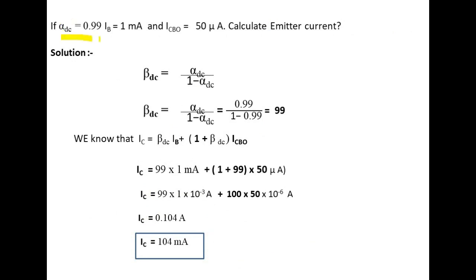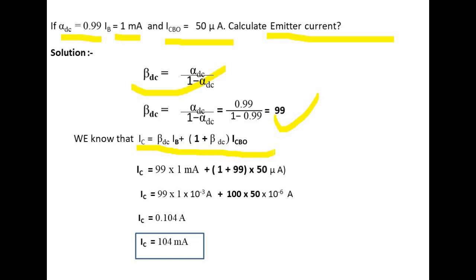Here alpha DC is given as 0.99, base current is given as 1 milliampere and ICBO is given as 50 microampere. We have to find emitter current. If alpha DC is given, we can find beta DC using this relationship, and we have found beta DC as 99. And we know the relationship IC is equal to beta DC IB plus 1 plus beta DC into ICBO.